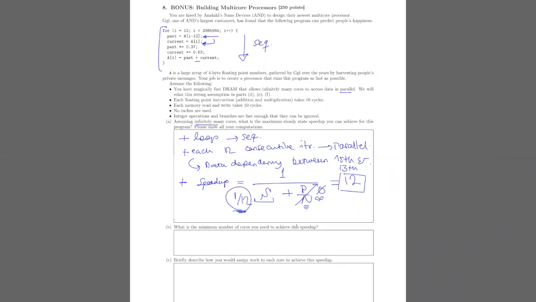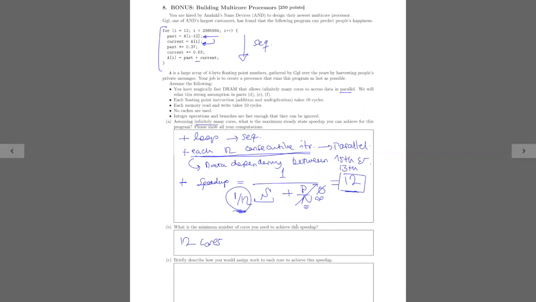For the second part, what is the minimum number of cores you need to achieve this speedup? Since the maximum speedup here is 12, and each 12 consecutive iterations can be executed in parallel and not more, we need 12 cores and not infinitely many.